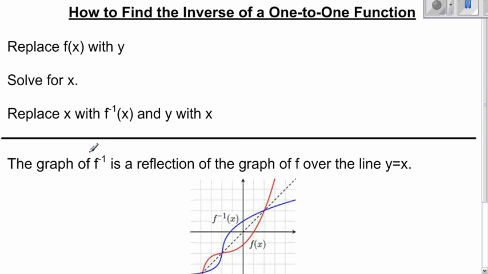You can also do it if you're given a graph, because inverses are just reflections over the line y equals x, which would be this dashed line right here. So if you had the red original function, if you reflected that over the line y equals x, you can see it would still cross at the same points, but everything is reflected over.